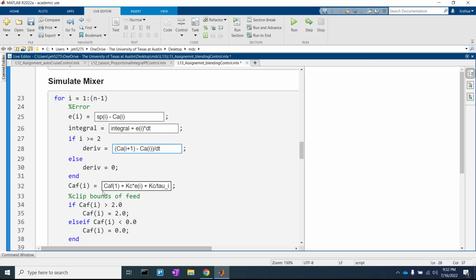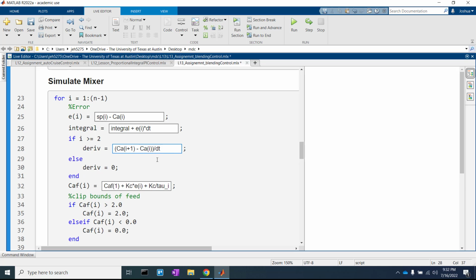And then our feed concentration is going to be the concentration of feed at the initial time, that's our U bias, plus Kc times the error, plus Kc divided by tau I times the integral, minus Kc times tau D times the derivative.